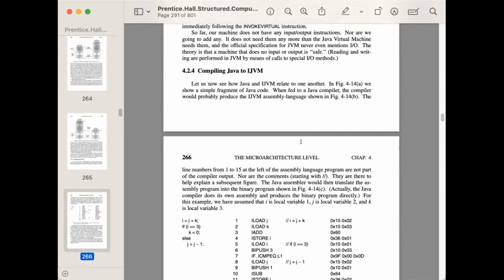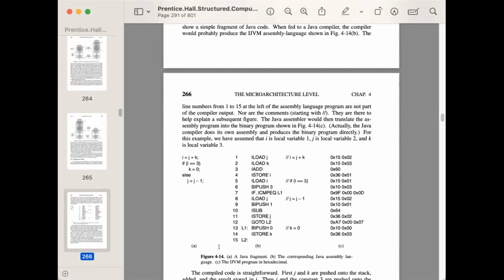We then go through how we could take a Java program and compile it onto this integer Java virtual machine that we've talked about. We start over here with a fragment of some Java code. Then the middle section is what an assembly language program for the Java virtual machine would look like.